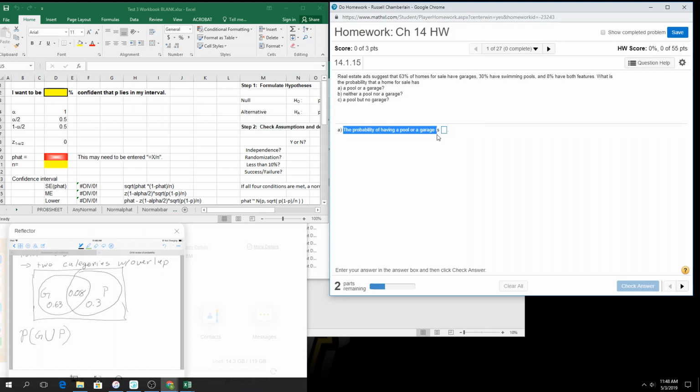So the formula we're going to use is probability A or B is equal to probability A plus probability of event B minus probability of them occurring at the same time. When you think about this, that 8% is included in both of these. So if we just added these together, that 8% would get double counted. All we're doing here is subtracting off one of those 8%, so we're only single counting the intersection.